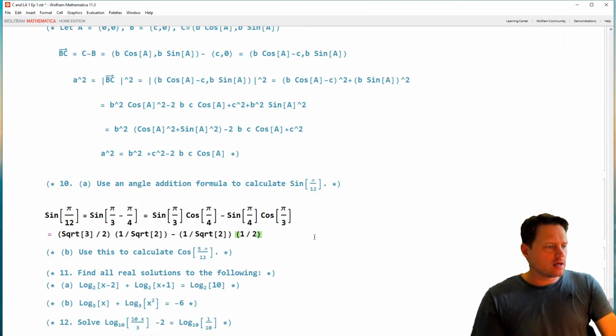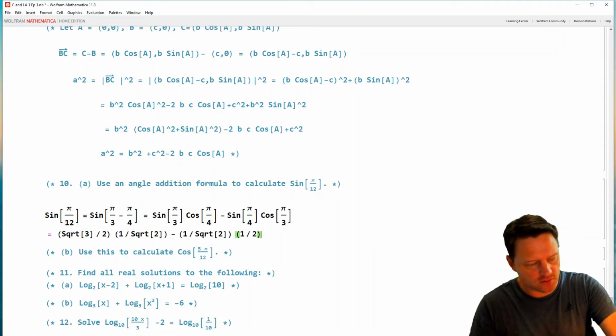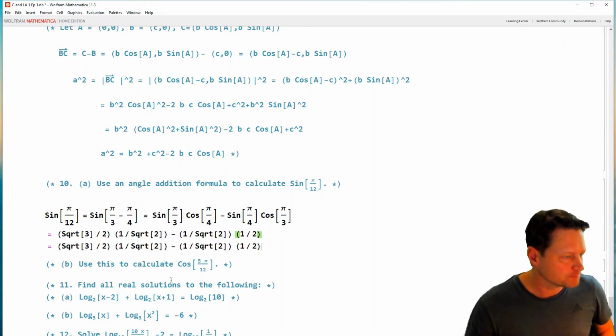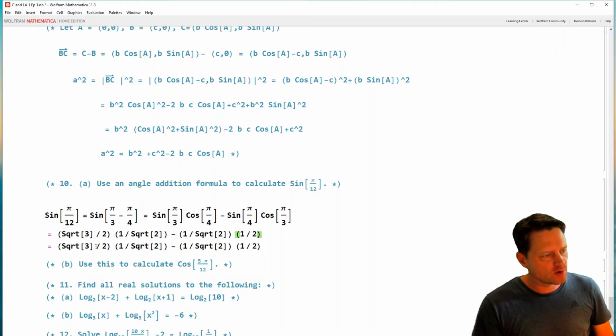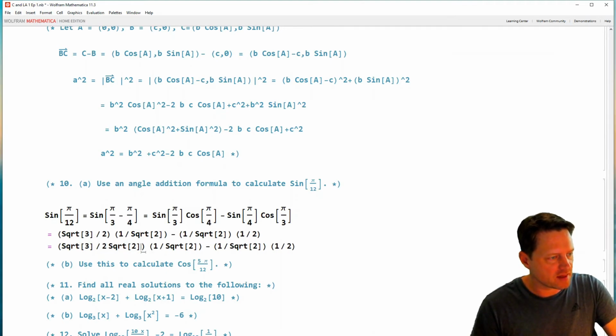Okay, great. So now we can simplify this and get an exact third representation of that sine ratio of pi on 12. So the numerator here is root 3 when I multiply that out, and the denominator is 2 root 2. So I'll put that there, and I'll get rid of this.